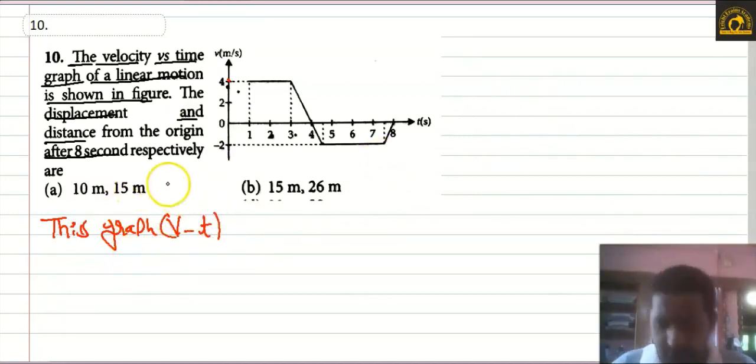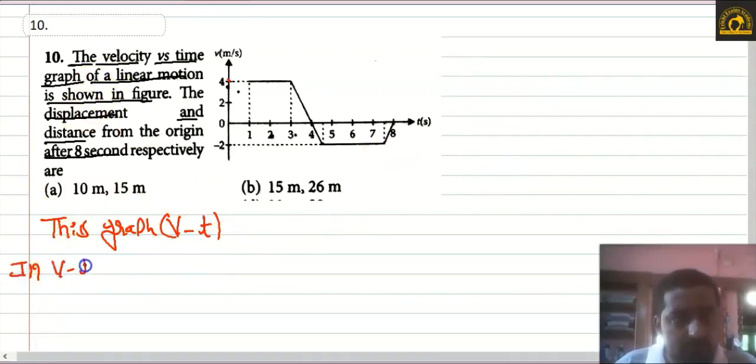In a velocity time graph, how do we calculate the displacement?